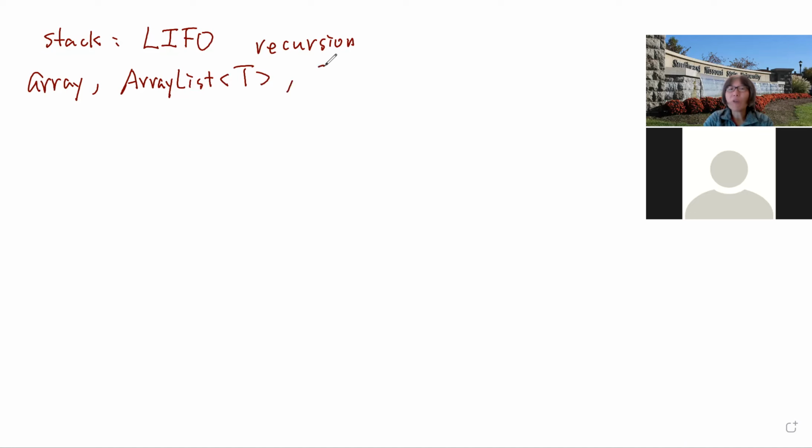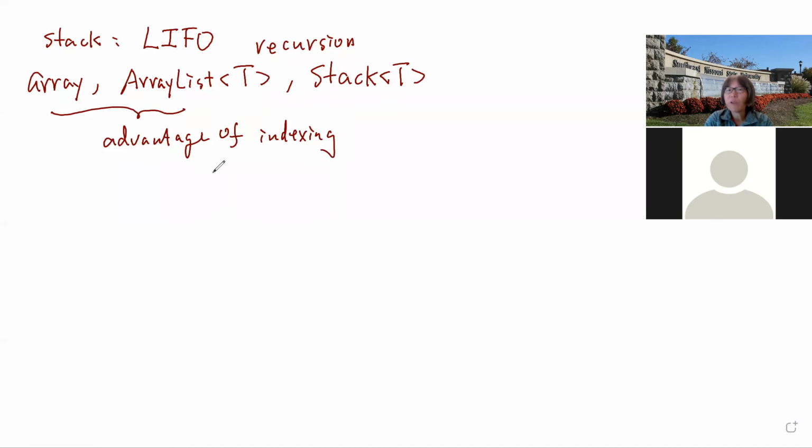Then we also learned stack can also be used to store a number of items. And array and array list both have the advantage of indexing, and indexing is very beneficial for faster retrieval.